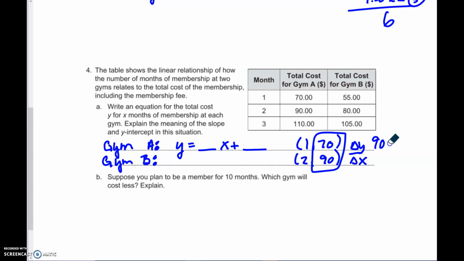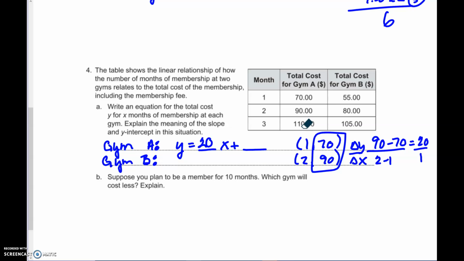So I have 90 minus 70 all over 2 minus 1. So 90 minus 70 is 20, and 2 minus 1 is 1. So my slope here for Gym A turns out to be 20. And let's see, is it going up by $20 every time? It sure is.